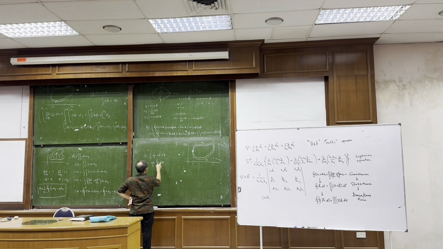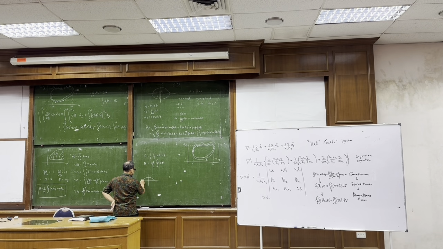Now what is the closed integral of d phi? Very easy. Looking at the ellipse, phi goes from 0 up to 2 pi, one whole circle.